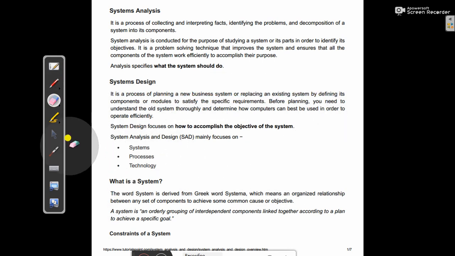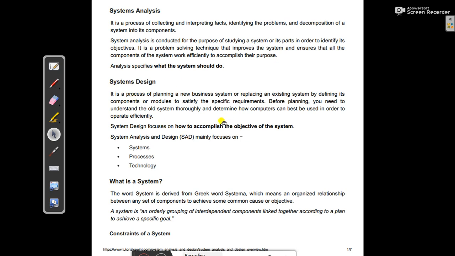So system design deals with the planning of the business system. It means how we can develop the whole system, which component will interact with which one, what component will give what output, what component will take what input, how all these things will be kept together, and what type of information will pass among all the components.